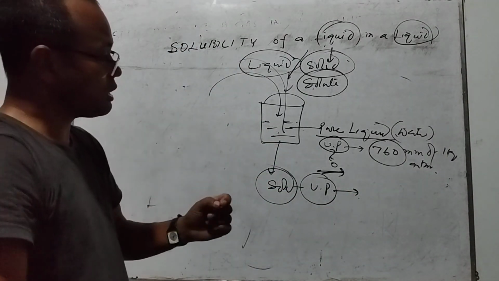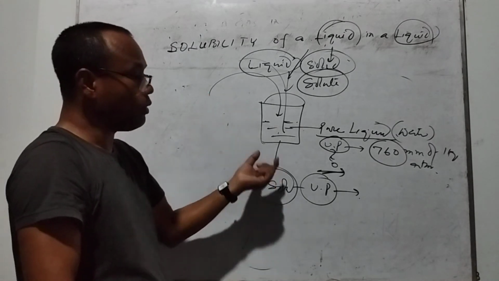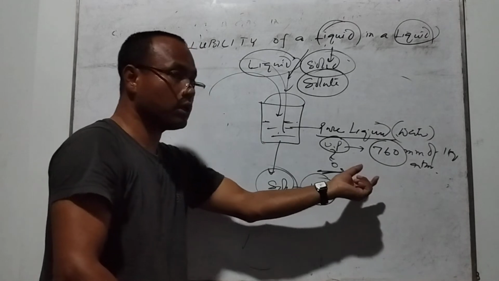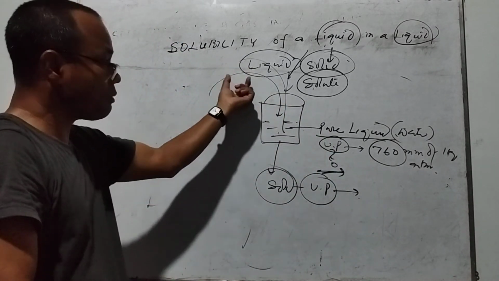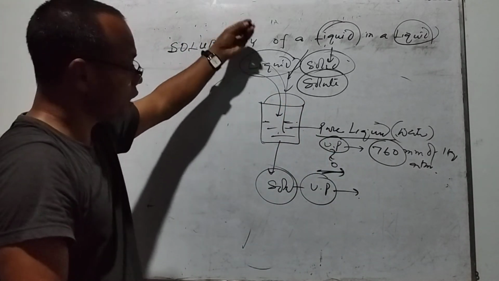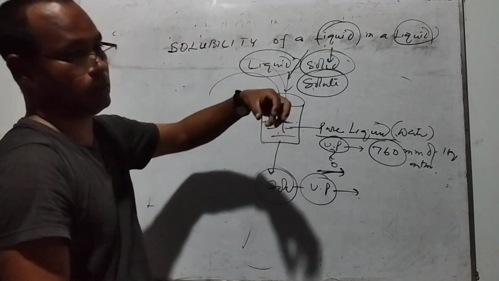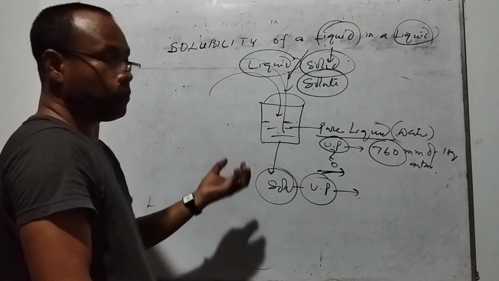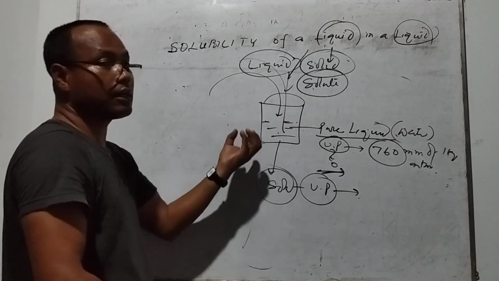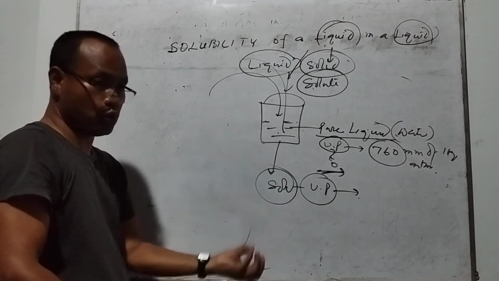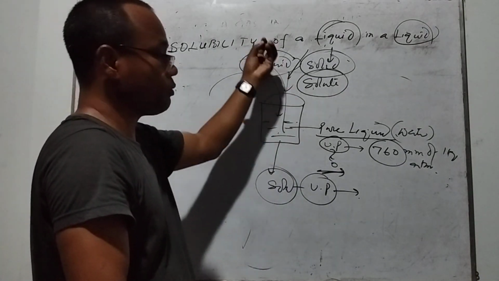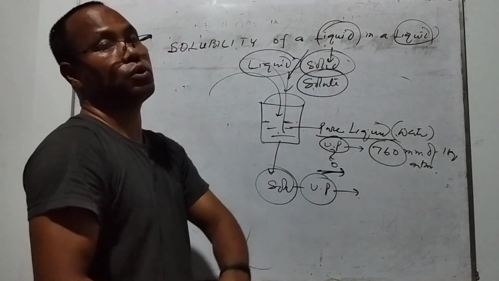One question is, how is the vapor pressure of the liquid affected when some amount of non-volatile solute is added? Another is, what is the effect on the vapor pressure of the solution when we add some amount of solute into the pure liquid?